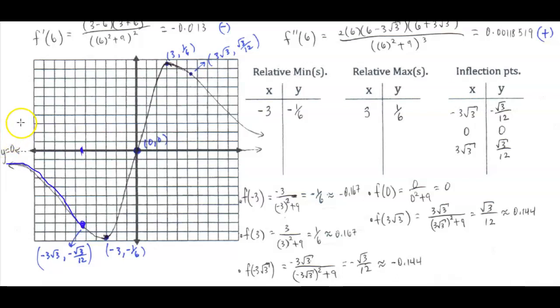Also note that I have a horizontal asymptote at y equals 0. That's important because I know that for values of x that are getting more and more negative, my y values are getting closer and closer to 0. I need to be able to communicate that on my graph as well. Even though it has nothing to do with the derivative, we do need to communicate that.